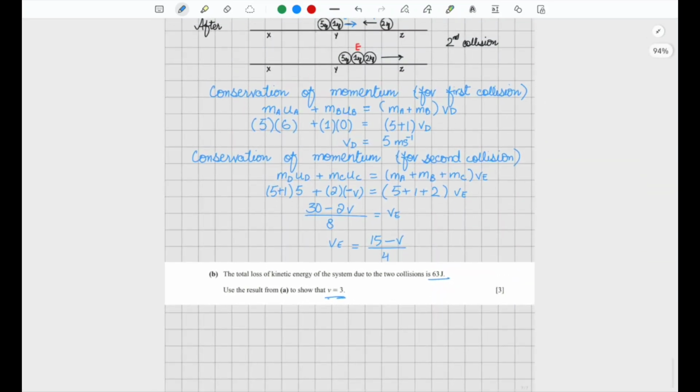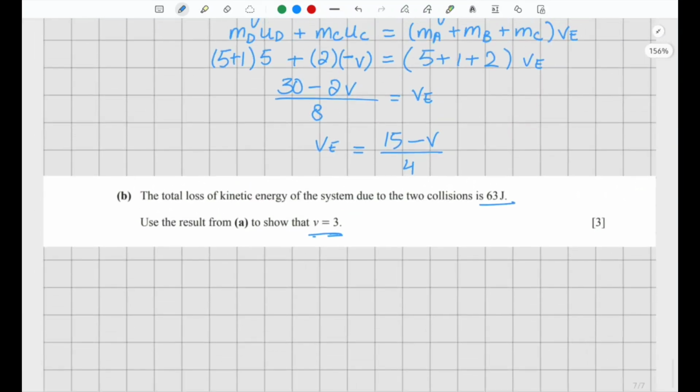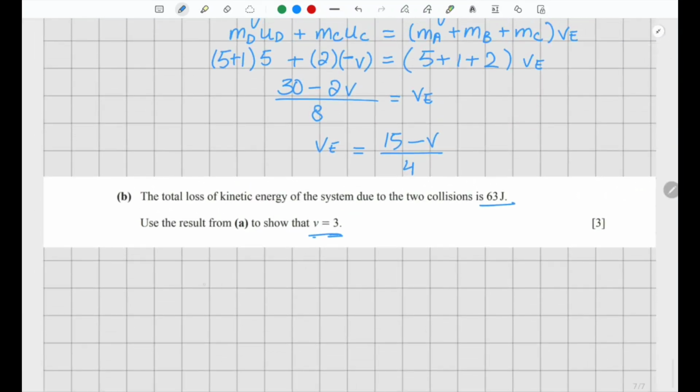Now let's look into this. What does loss of kinetic energy mean actually? Loss of kinetic energy will be equals to initial minus final.